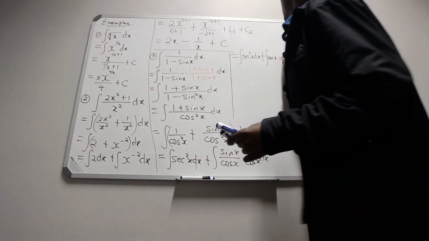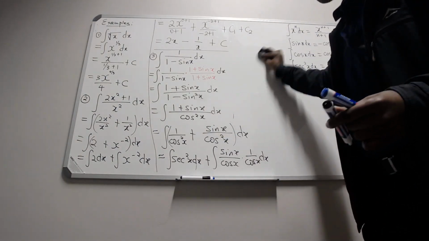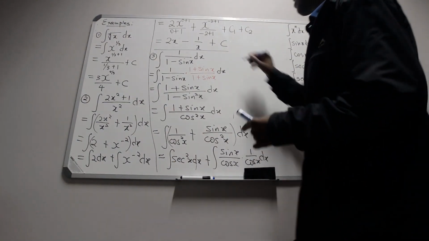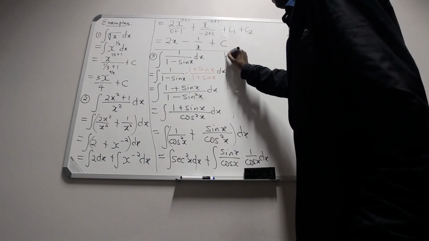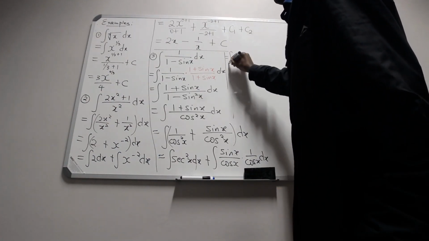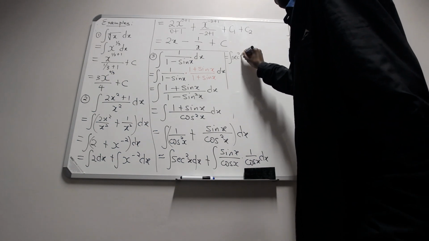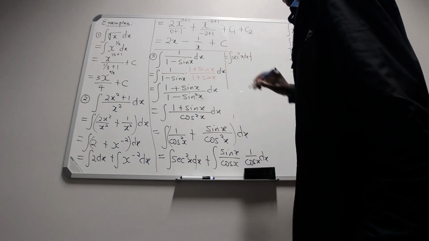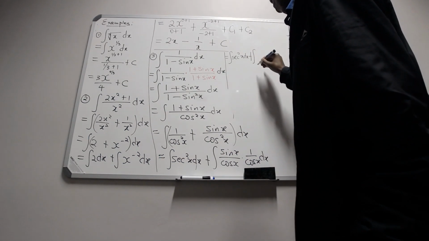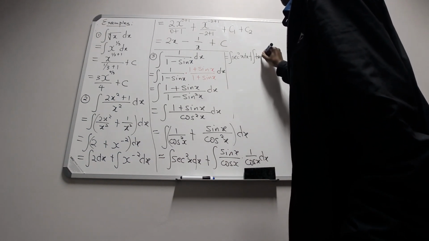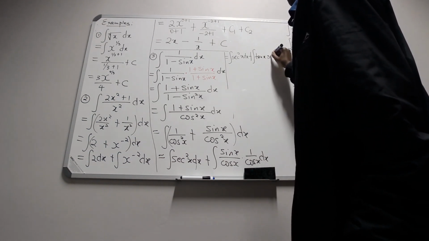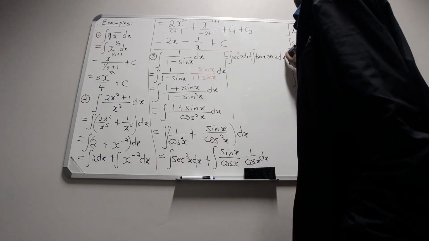So let me increase the space so that you can see. So we are saying this is equal to the integral of sec squared x dx plus the integral of tangent of x secant of x dx.